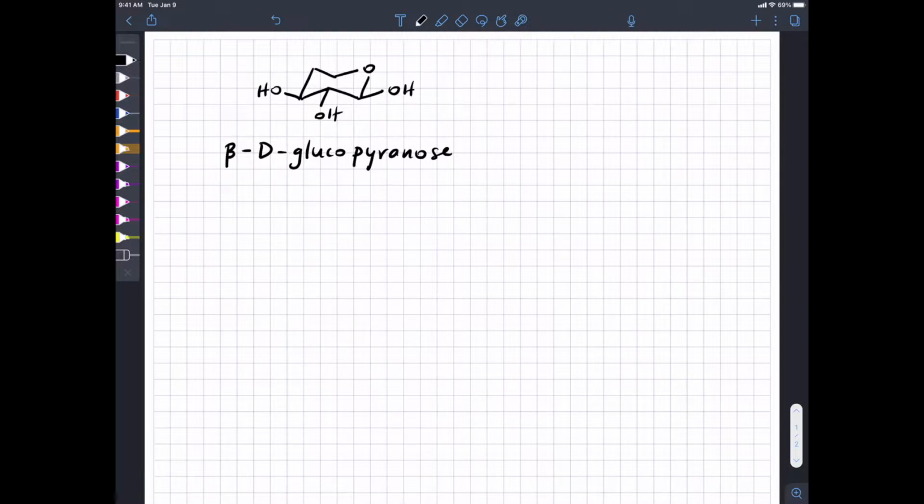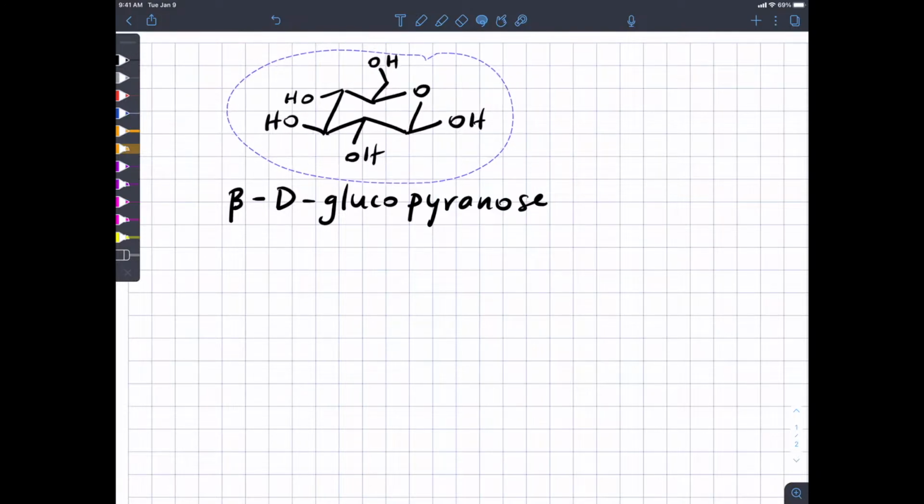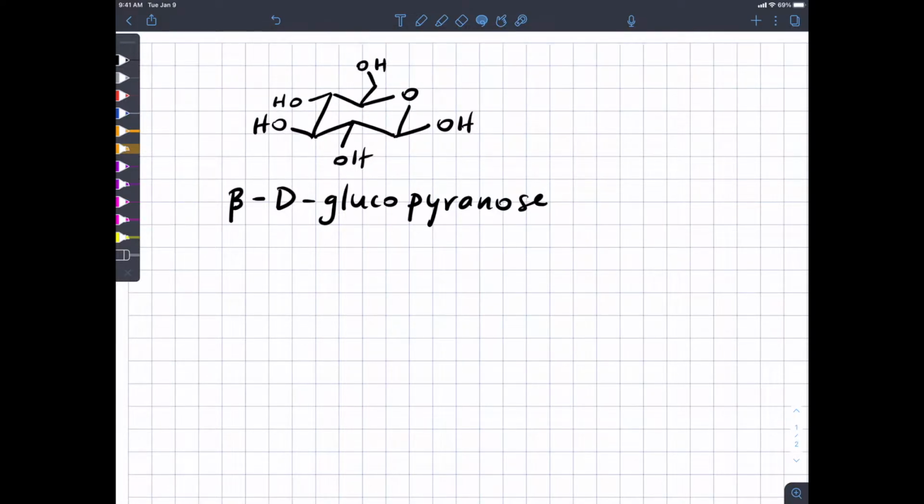All right. So this is the structure of beta-D-glucopyranose. It's easy to remember because you just draw a chair with the oxygen in the upper right corner, and then you put the rest of the groups in at equatorial positions. This is a 6-carbon sugar: 1, 2, 3, 4, 5, 6.